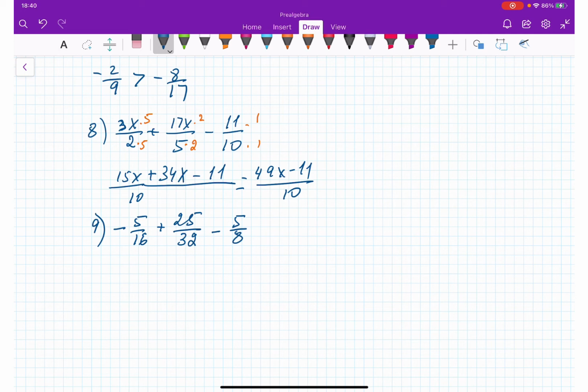We can divide by 16 and by 8. So here we need to multiply by 2, 32 we have already, we don't touch it, and 8 is multiplied by 4.